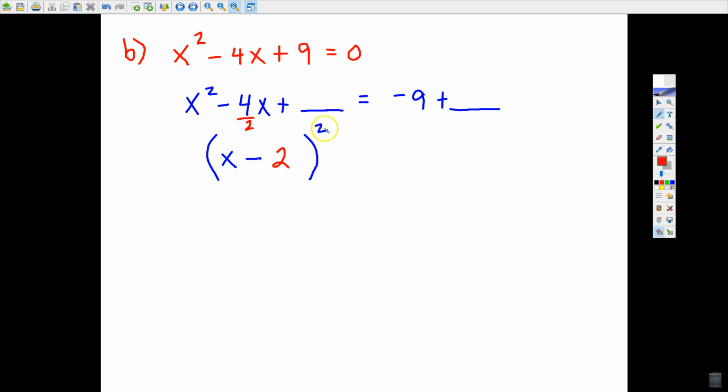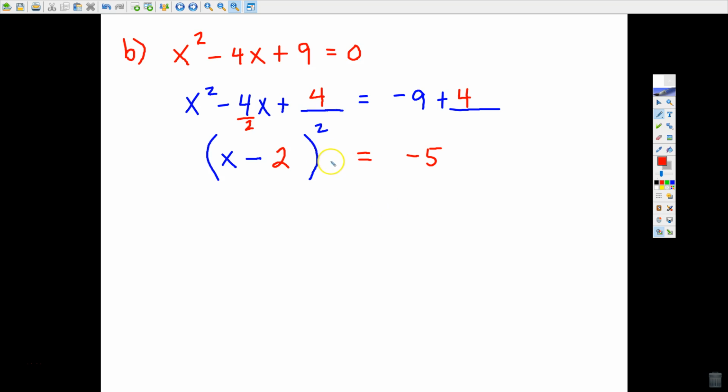Negative 2 squared or positive 2 squared, it really doesn't matter. It's going to be the same result. It's going to be positive 4. And then since you added 4 to the left side, you need to add 4 also to the right. And when you combine these on the right side, you end up with negative 5.